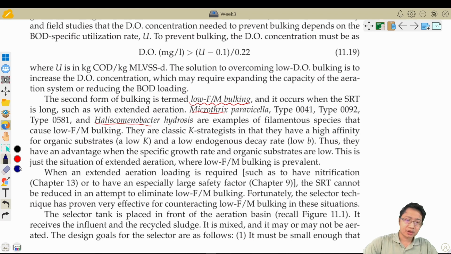Those bacteria are called K strategist bacteria, compared to the others, which are called R strategist bacteria.